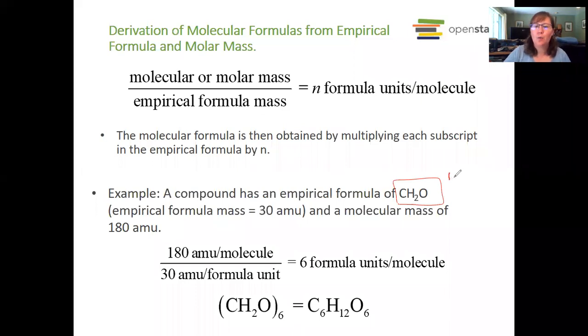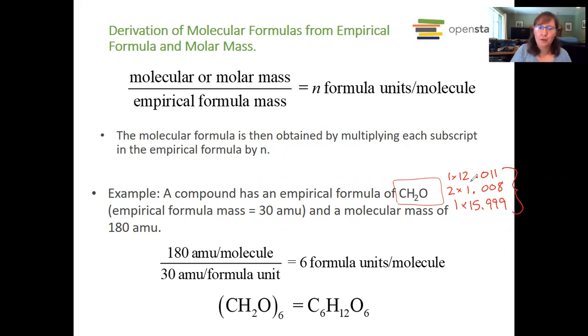Let's take a look here. Okay, so here we have 1 carbon at 12.011, and we have 2 hydrogens at 1.008, and we have 1 oxygen at 15.999. Okay, now this gives you an empirical formula molar mass of 30.026 grams per mole.